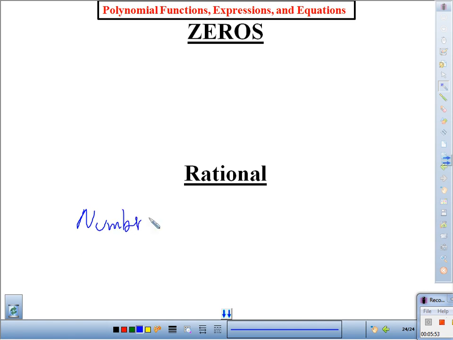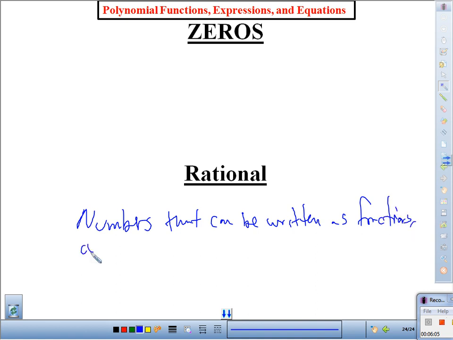Very good. Numbers that can be written as fractions. Example, 23. How can I write it as a fraction? 23 over 1. Let's see, another example.